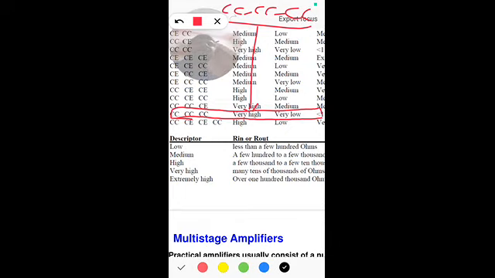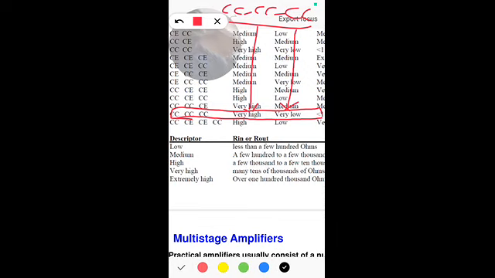So overall input impedance of the three-stage cascade CC amplifier is very high, and very low output impedance, the characteristics of CC in the three stages.